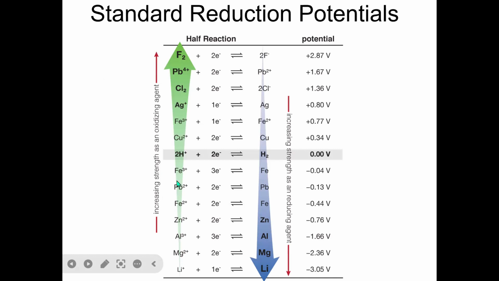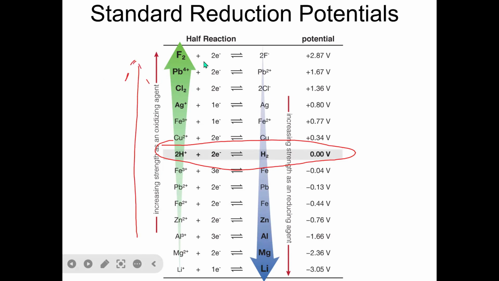The reference value is the hydrogen standard electrode potential. You can see clearly this is increasing from here to here, an increase in oxidizing agent strength.